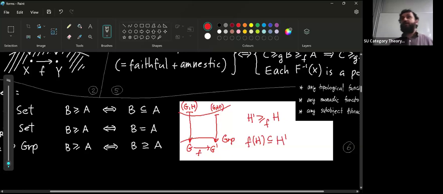F of H is contained in H prime. According to how I define the morphism, that's exactly the same as to say that there is a morphism upstairs, the same F, but now seen as a morphism between pairs that maps down to this F.